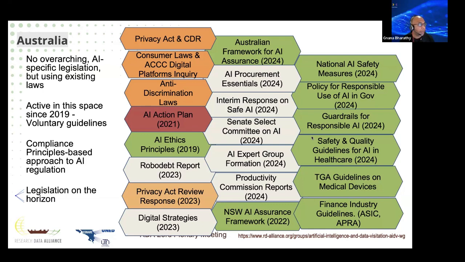But these guardrails are meant to work with the rest of the frameworks and the system, so it is meant to be still adaptable. But developers are encouraged to engage openly with the stakeholders in this.